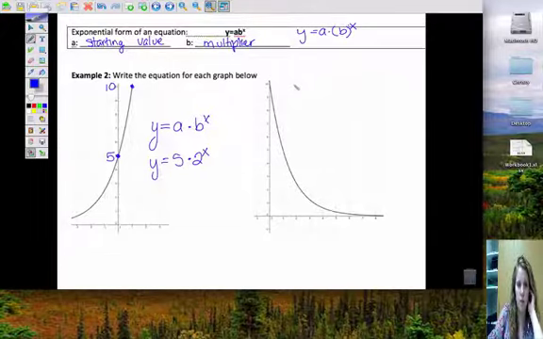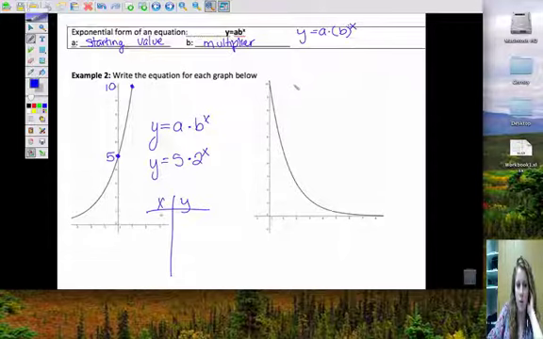Okay, and if we wanted to continue this in, let's say, a table, x, y, we have at 0, we start at 5, at 1, we have 10, and then at 2, on this graph, we would be all the way up to 20, because this is 5 times 2 to the 0 power. This is 5 times 2 to the first power. This is 5 times 2 squared.